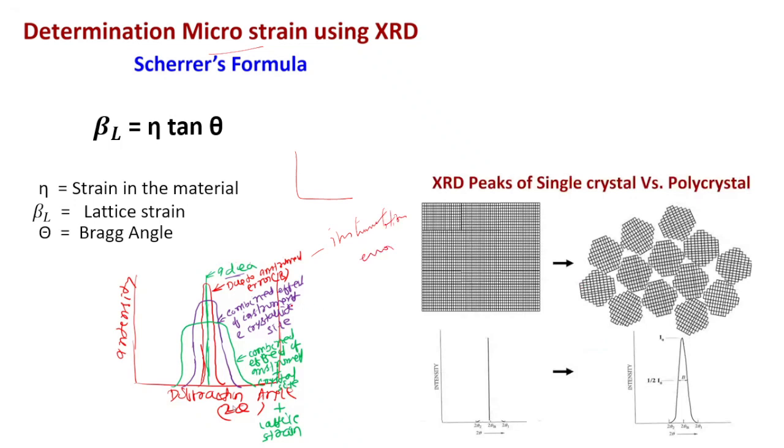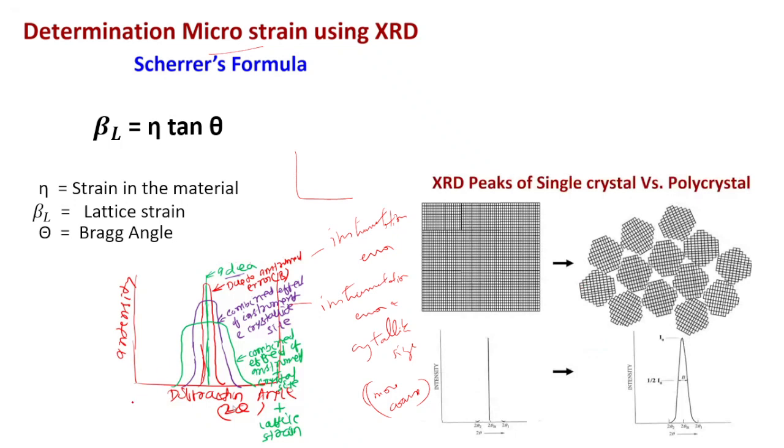Then another thing is a combination of instrumentation error and crystallite size. That is, if the size becomes larger, more coarse, then there will be peak broadening.